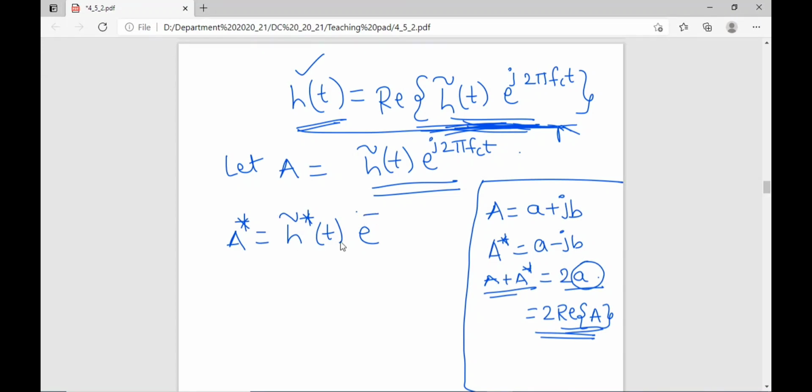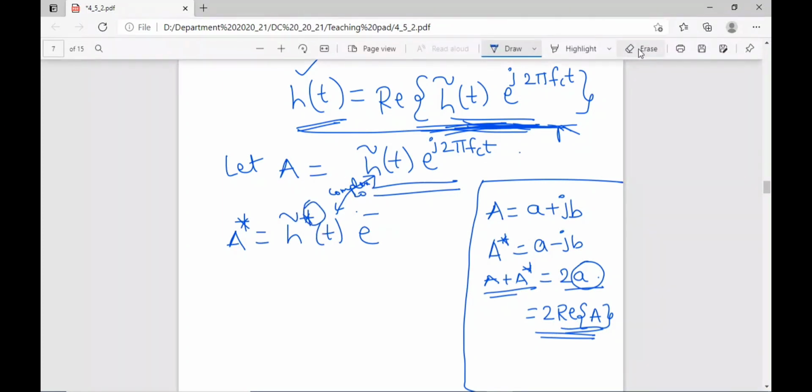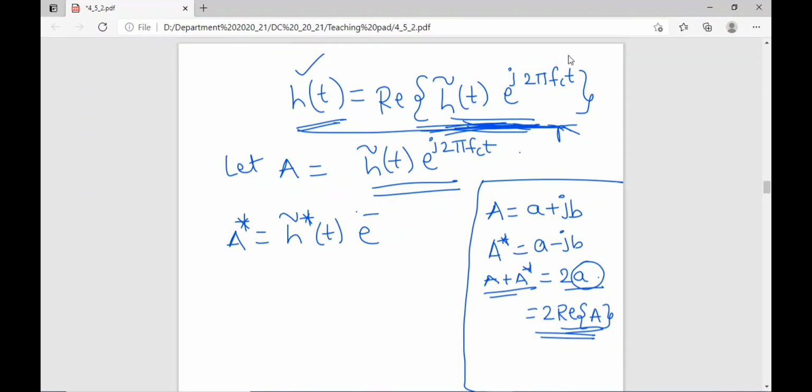And h tilde star of t, I'm just assuming, is the complex conjugate of h tilde of t. If I'm taking star, it means that it is a conjugate. So here I'm taking the conjugate of h tilde of t.